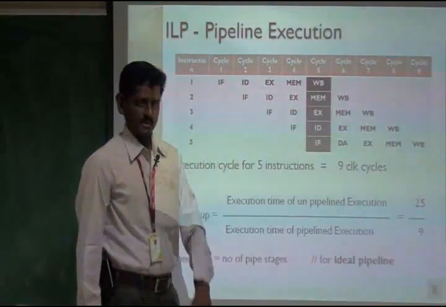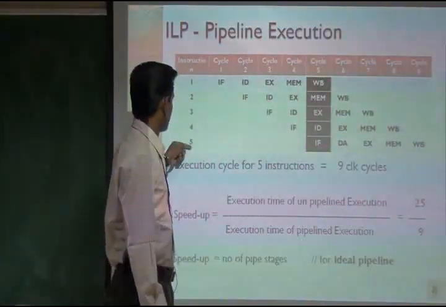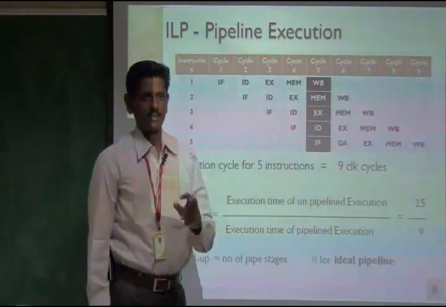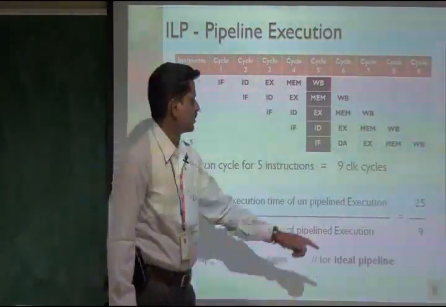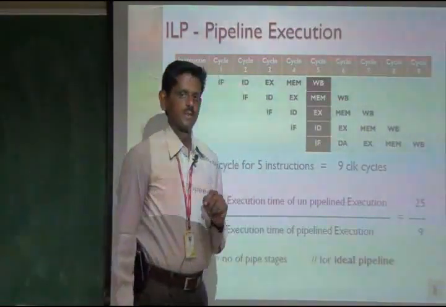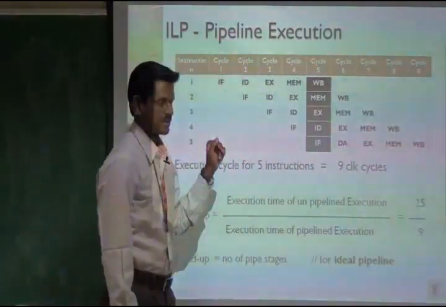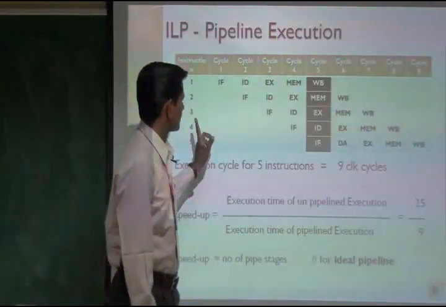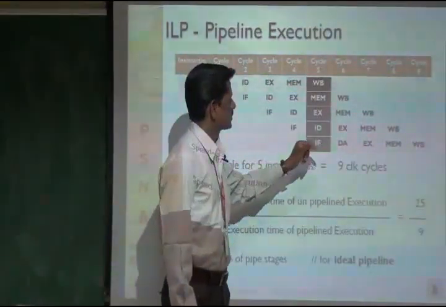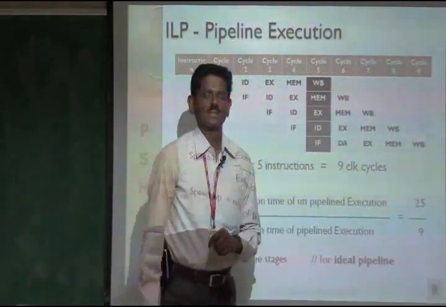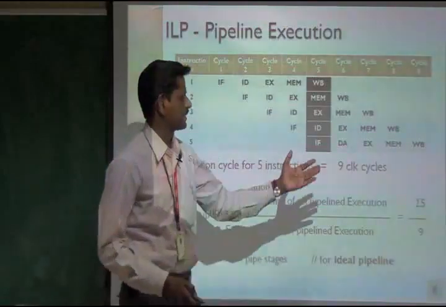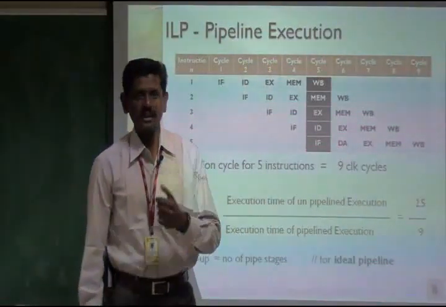Whereas in sequential process, for executing all the 5 instructions, as per our previous slide, it requires 5 into 5, 25 clock cycles. Whereas in instruction level parallelism, that is in ILP, it is possible to complete the execution of all the 5 instructions by clock cycle 9. So look how much speed is enhanced in ILP.